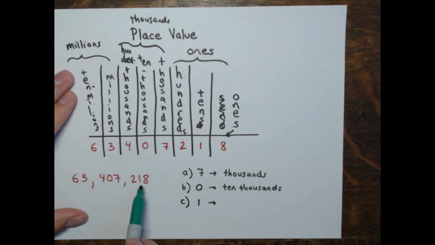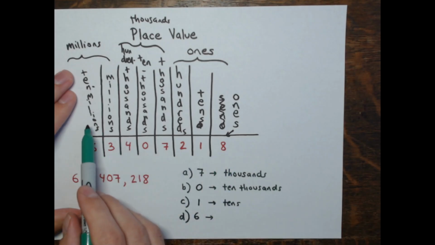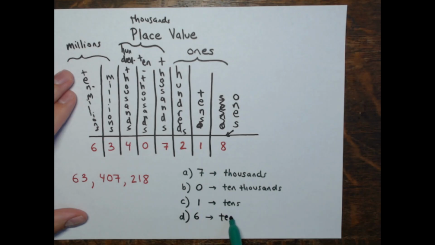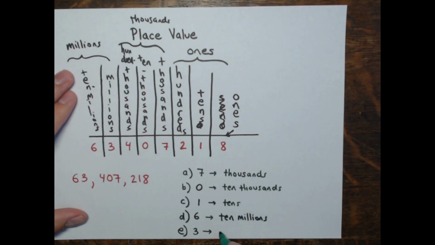That's in the tens place. Part D, what place value does the digit 6 have? That's at the very far left in the 10 millions place. And then finally, part E, the digit 3 is here in the millions place, 3 millions.